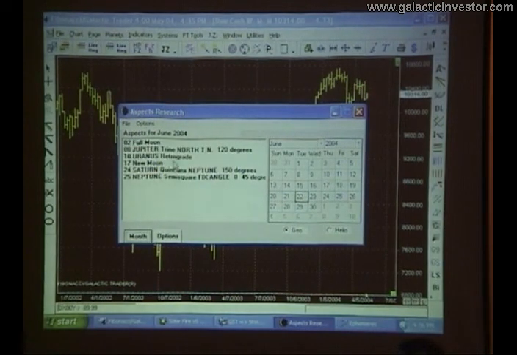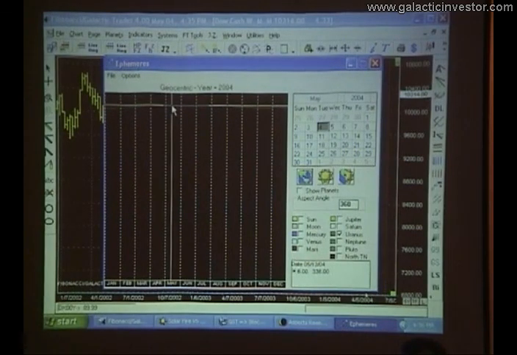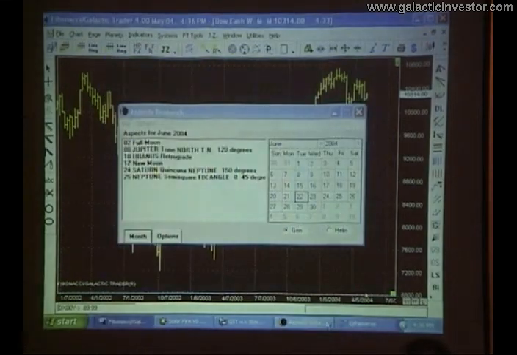Uranus is going to go retrograde once, stay on the 24 line as it goes retrograde, June 10th. And then it'll start to move down a little bit off of that. In July, you'll see Uranus crossing the 24 again on the 26th of July.